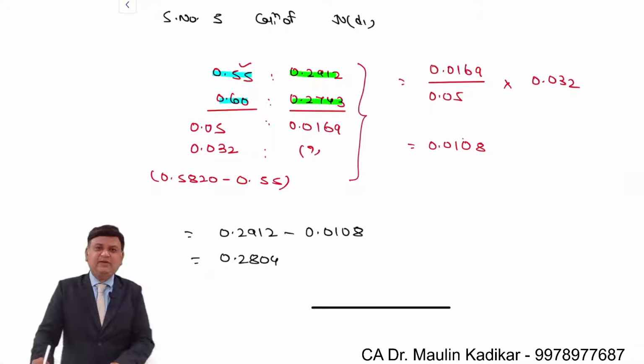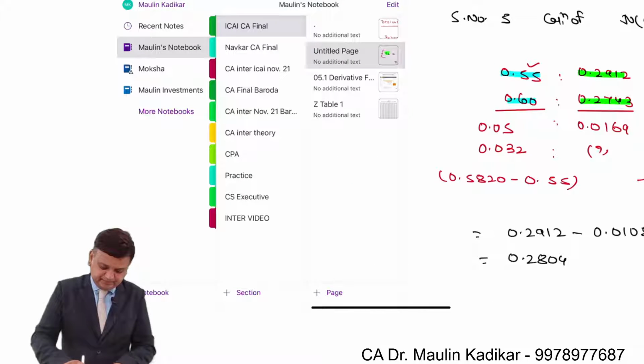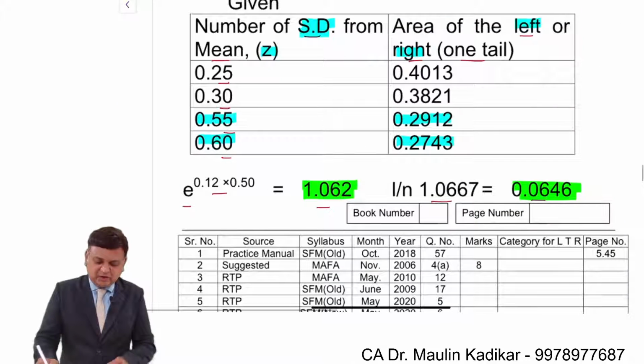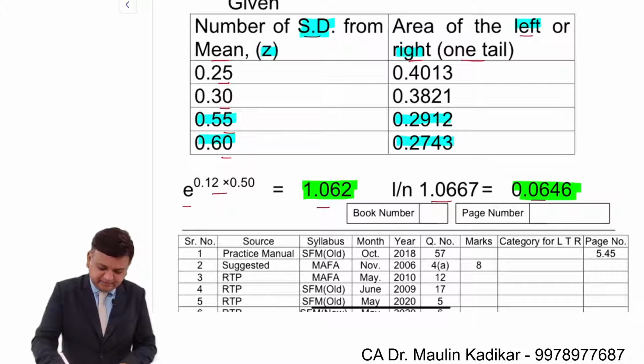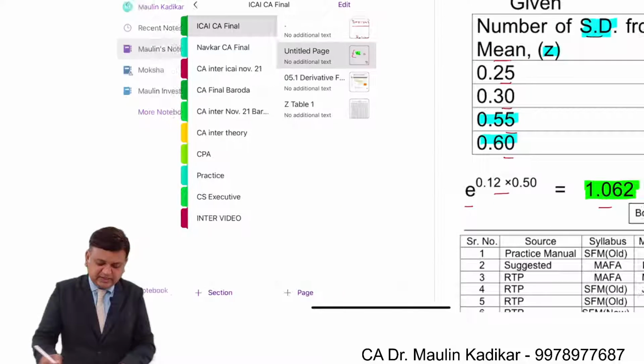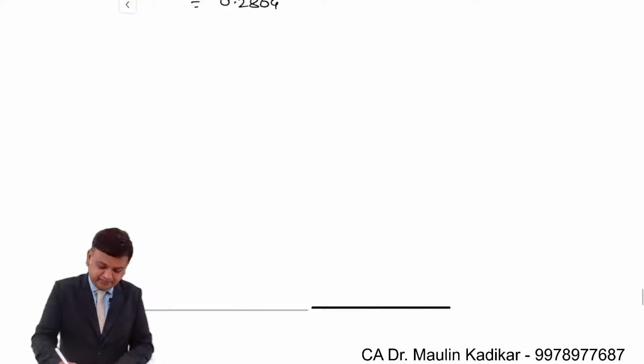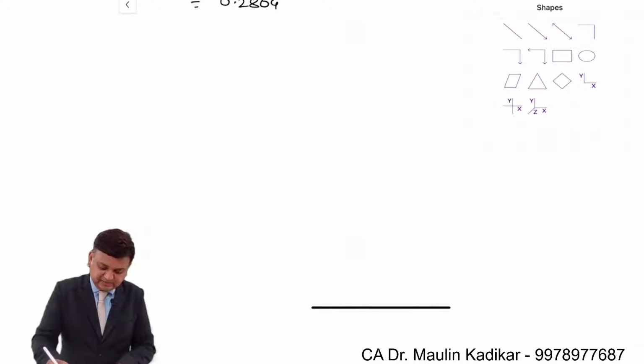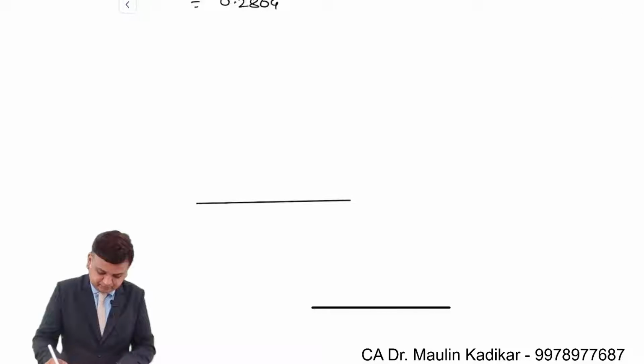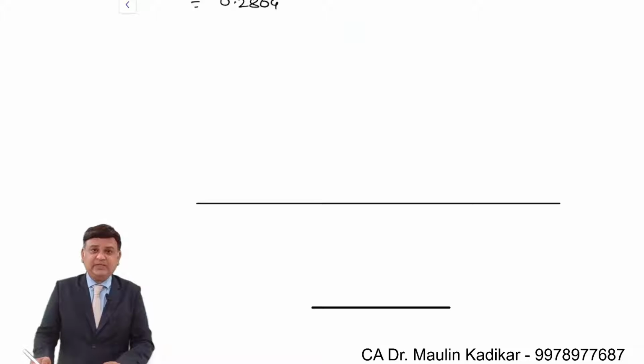Now friends, whenever we have been provided with information like this, that is the area of left or right one tail, then we have to understand we have been provided with the reading of the opposite side. What do we understand with the term reading of the opposite side? It means something like this. This is the bell-shaped curve diagram.